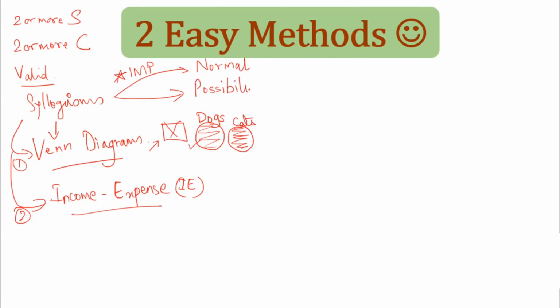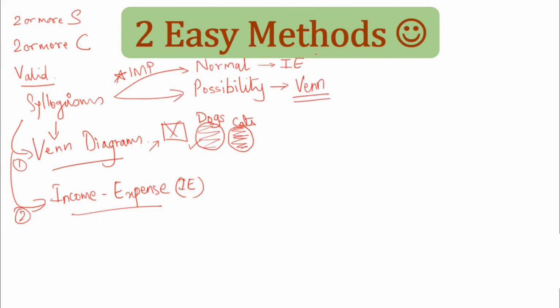I'll tell you what exactly the meaning of these two is. Whenever you see normal sums, always use the income expenditure method to solve the sum. It would be very fast, very quick and very easy. Whenever you see a possibility sum, you have to solve it using the Venn diagram. There is no other option.